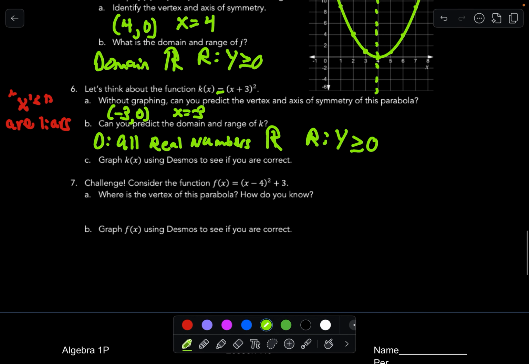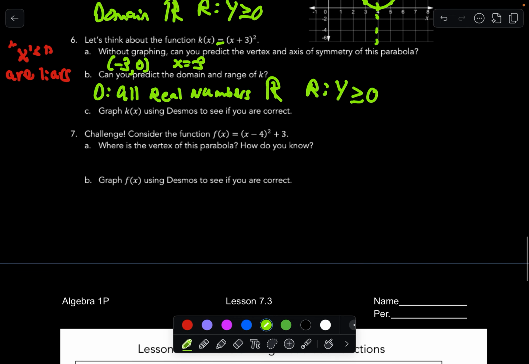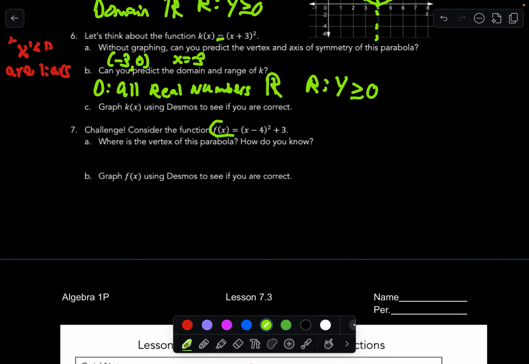Now, what do you think's going to happen if we try to graph this? X minus 4 quantity squared plus 3. Notice, now you have numbers holding hands with the x and being added to the outside.